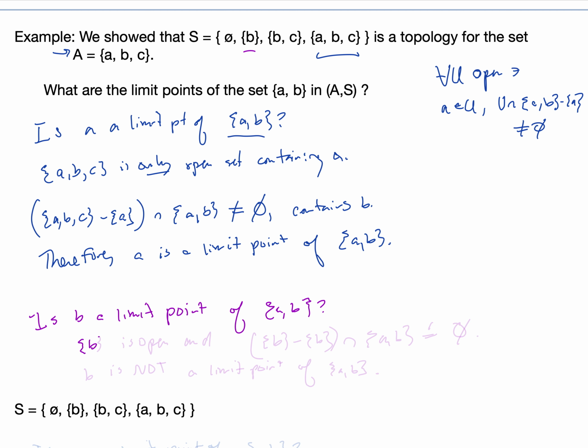So the set containing just b is open, and the set {b} minus the point b, intersected with {a, b}, is the empty set, and therefore b is not a limit point of the set {a, b} in this topology.